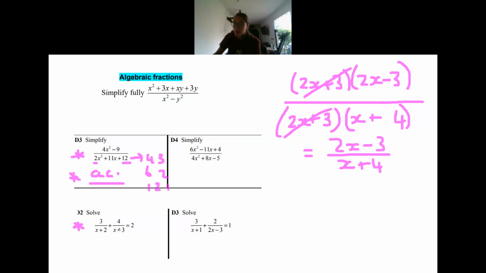The next one, think about what you would do if it were just a normal fractions question. If it was 3/5 plus 4/8, you'd make the denominators the same. So we go the same. This first fraction, I'm going to times everything by x minus 3. This fraction, I'm going to times it by x plus 2.